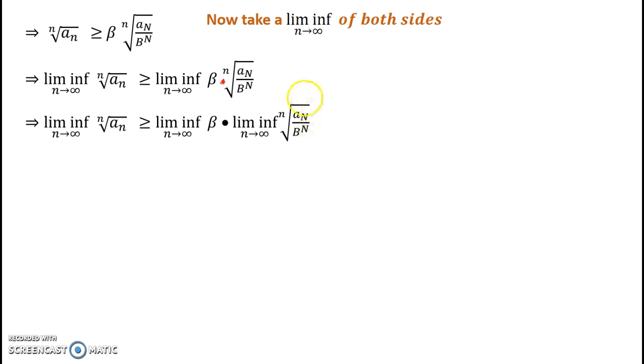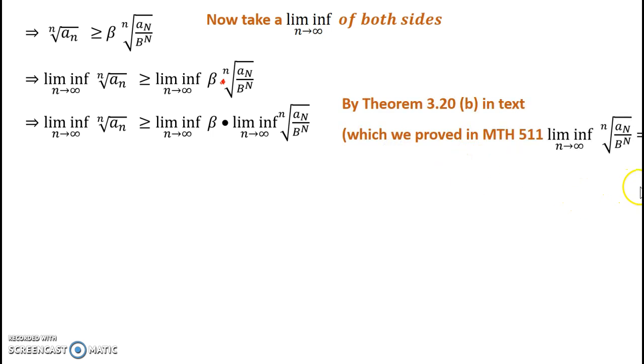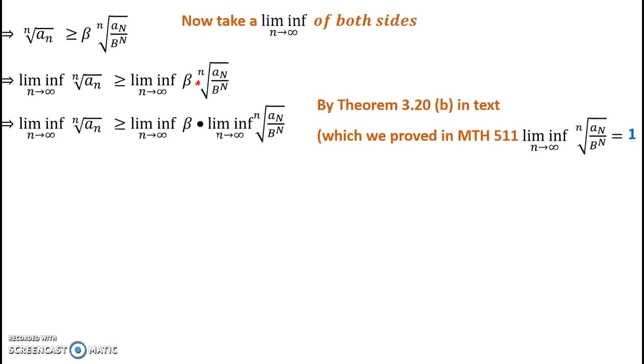And now this part here, that's what I was referring to as Theorem 320, which we also proved last semester. That stated that the limit infimum of the nth root of a sub n over b to the nth power is equal to 1.